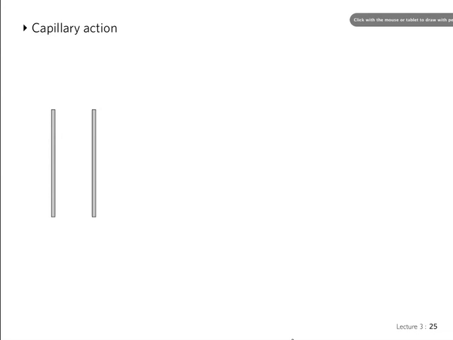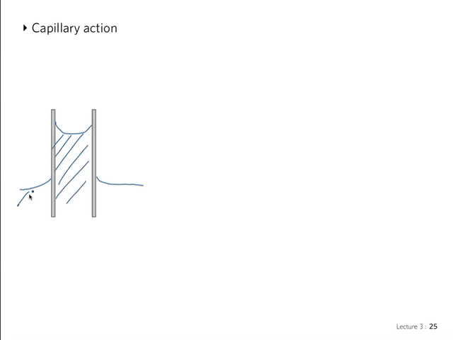Imagine that you have a liquid here. You know that a liquid will form a meniscus, so I'm going to draw a little tube inside a liquid, and you expect that you'll have this sort of shape where we have the liquid in here, and you have this angle here.